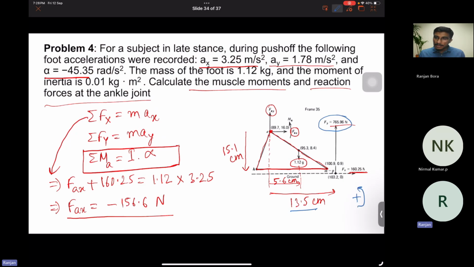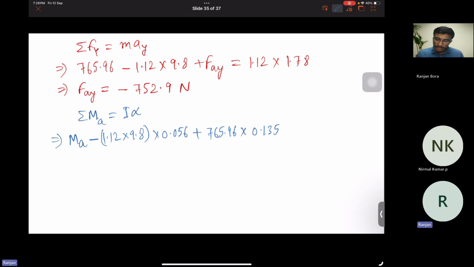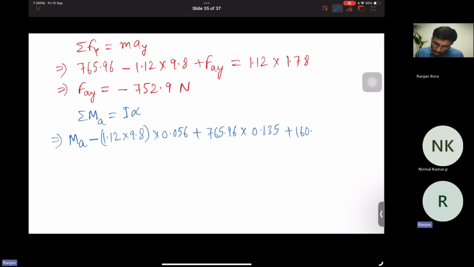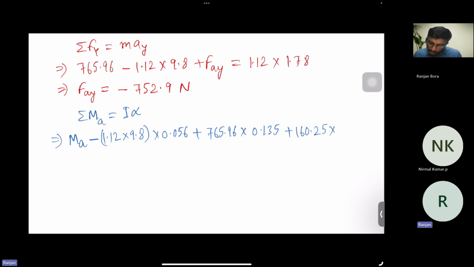And this 160.25 is acting in the counterclockwise direction, so it will also be positive, plus 160.25, and this moment arm is 15.1, so it is 0.151, equal to I into alpha.